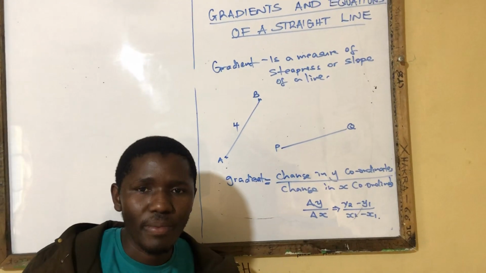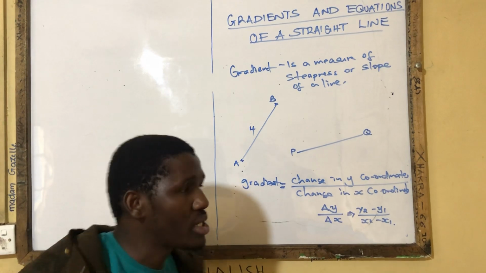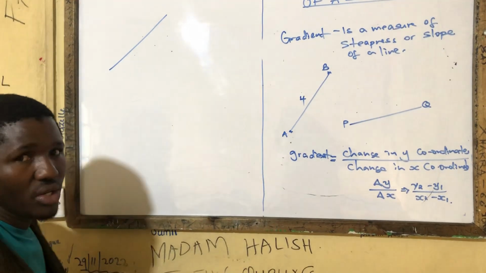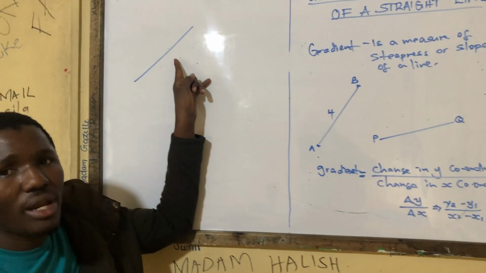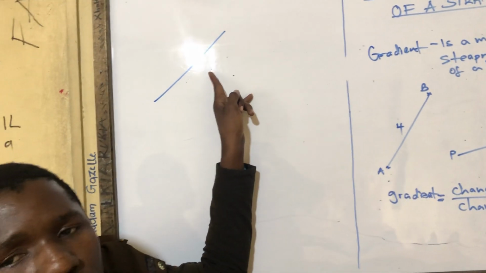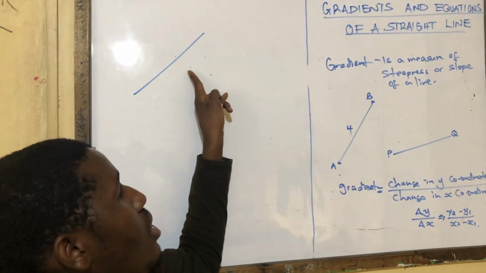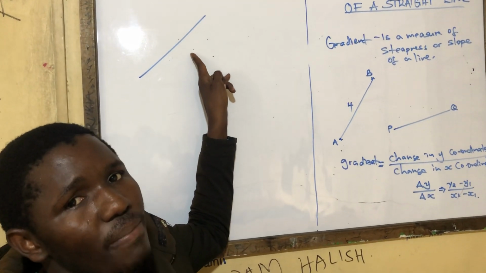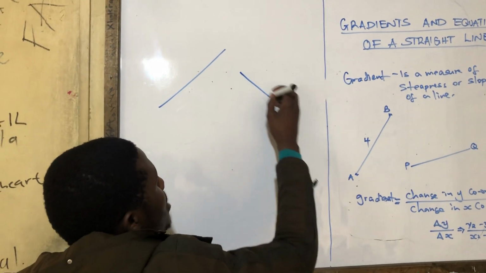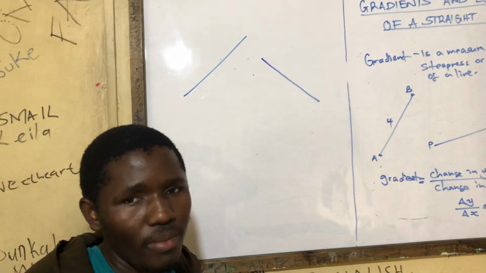Whenever gradient is positive, it communicates that a line is sloping upwards. Whenever the gradient of a line comes out as negative, it implies that the said line is sloping downwards.